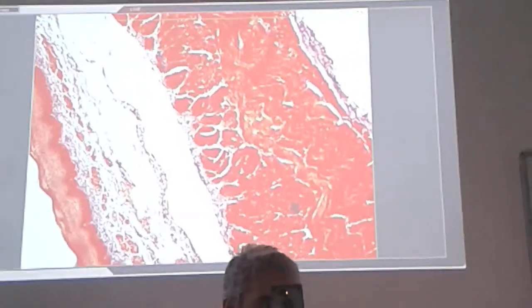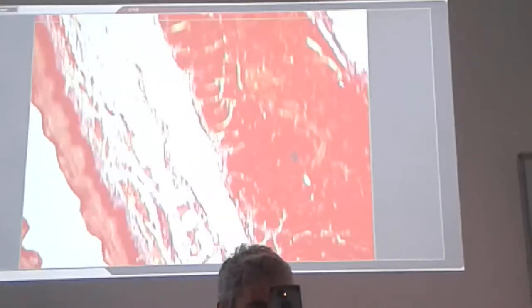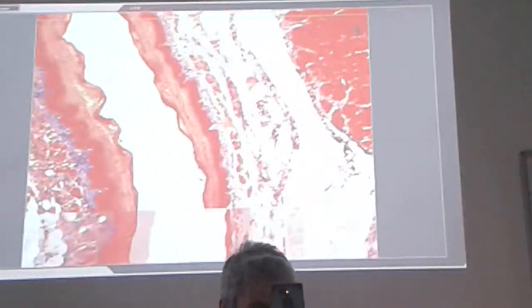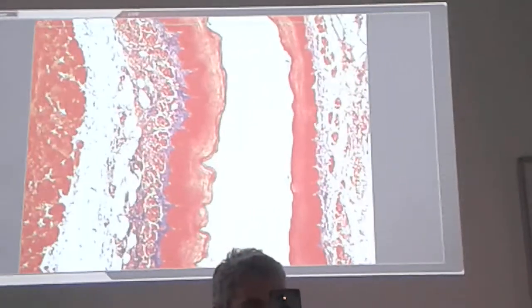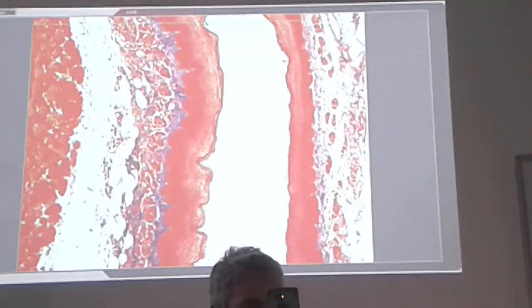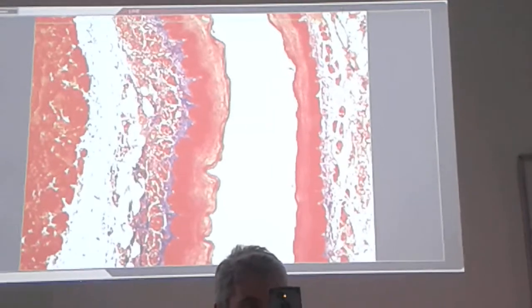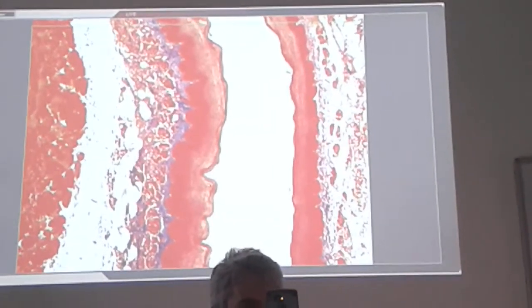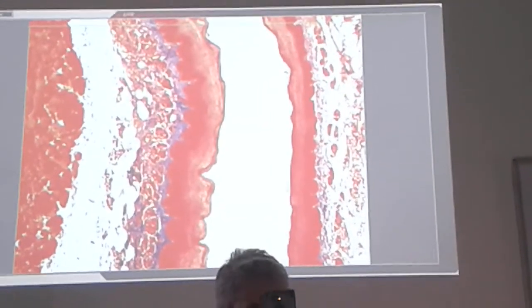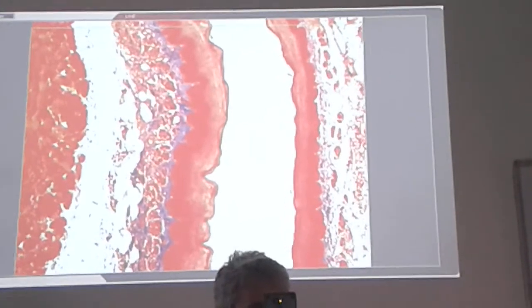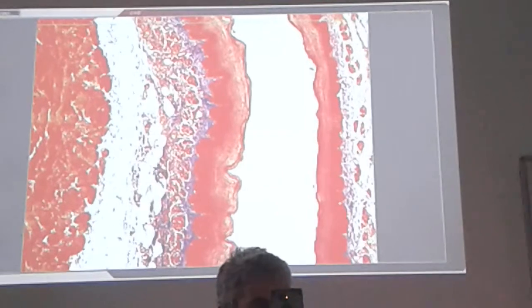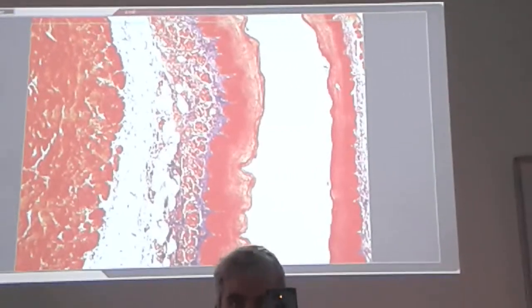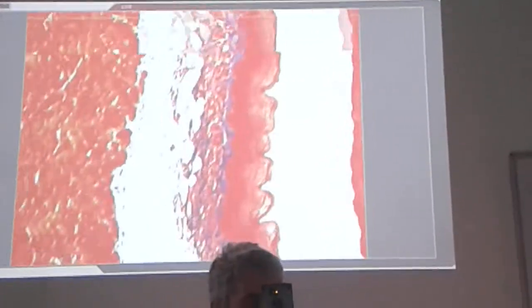Going backwards: adventitia, tunica muscularis, submucosa, small bundles of smooth muscle here, the muscularis mucosa, and also including the lamina propria, means that we are in the mucosa, and then the lumen inside.